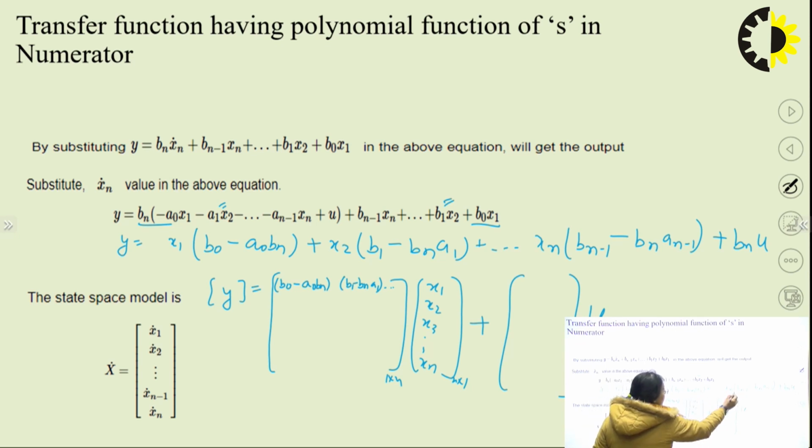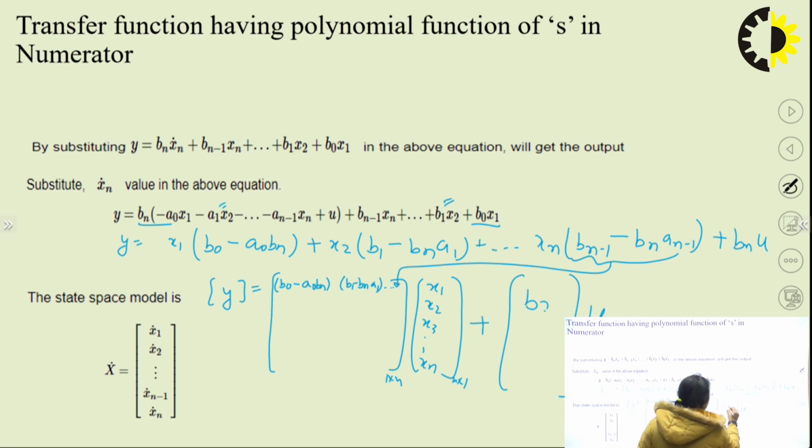Okay, this will be my last term for the xn here, ठीक. And u(t) is the here bn into u(t). Okay, so this will be 1/1 की मैट्रिक्स होगी.